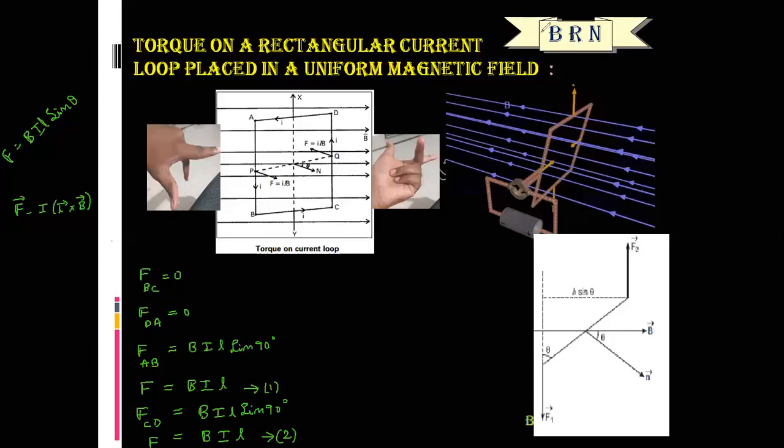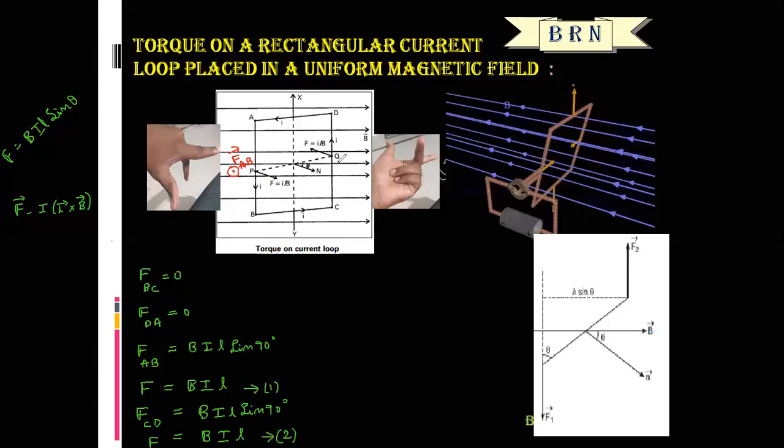So this is very important, that can be determined by using Fleming's left hand rule. So here the direction of force acting on AB is normally outwards. The dot indicates the direction of the force acting on the side AB, that is normally outwards.